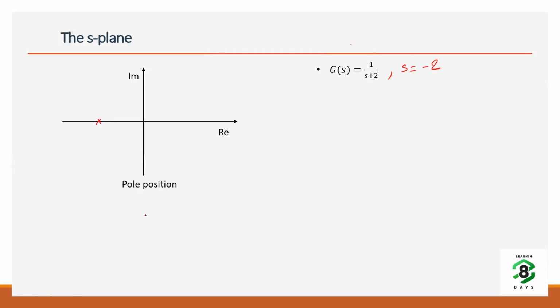Let's say this is 2. If you have a transfer function with S equal to 2, it is on the positive side. It will be here. And we say this is an unstable system because it is growing.